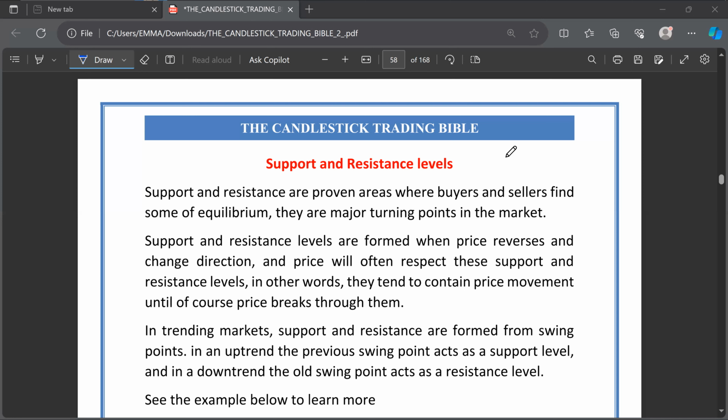So prices move to these areas, and technical analysis is basically based on price history.